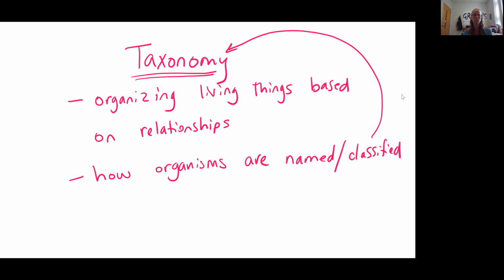Since we've been able to extract and sequence DNA, we're able to do DNA analysis to compare relationships between organisms. Before that, we looked at characteristics such as their job in the ecosystem or how they look. And taxonomy is really the study of how organisms are related to each other, how they are classified, and what they are named.